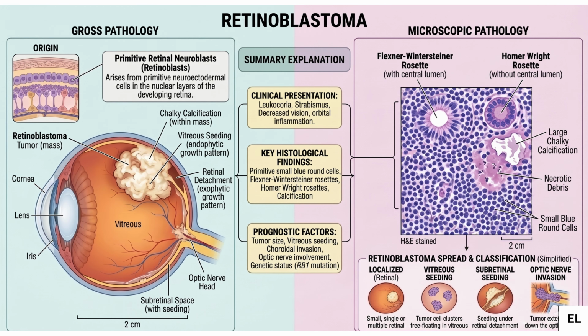Microscopically, it is composed of small round blue cells with characteristic Flexner-Wintersteiner rosettes, Homer-Wright rosettes, necrosis, and calcification. The most important prognostic factors include tumor size, vitreous seeding, choroidal invasion, and optic nerve involvement. Early diagnosis and treatment are essential because retinoblastoma is not only a vision-threatening disease, but also a potentially life-threatening pediatric malignancy.